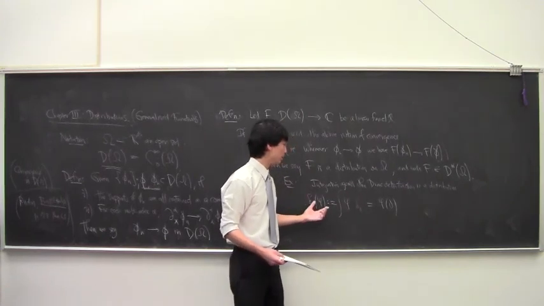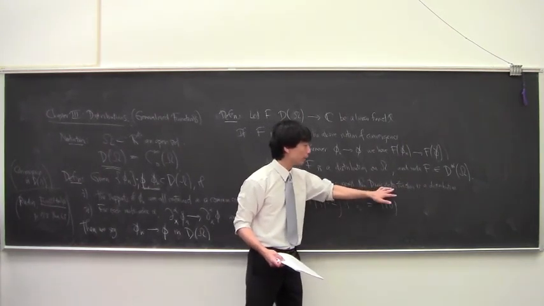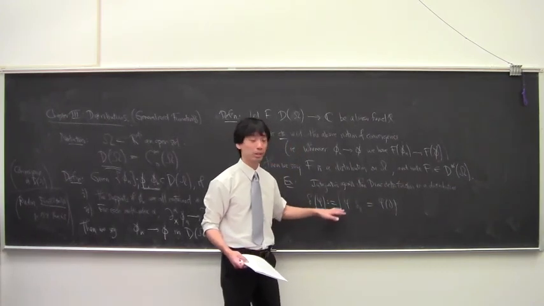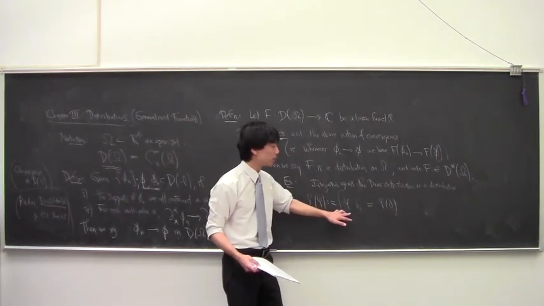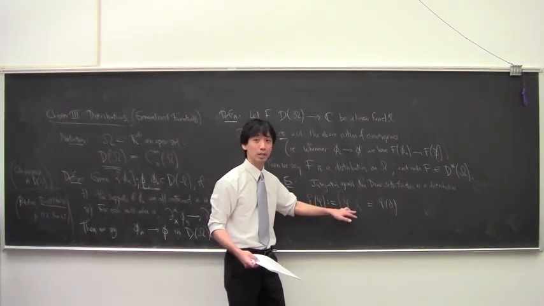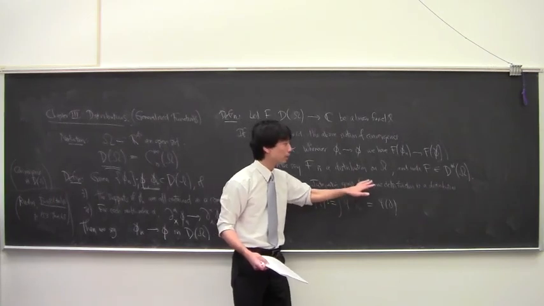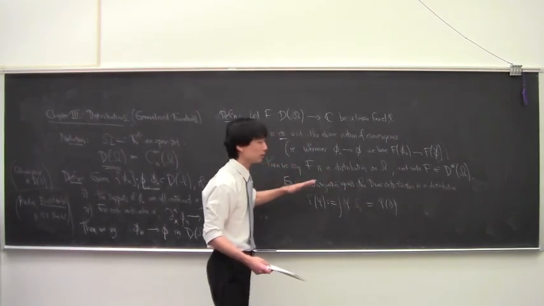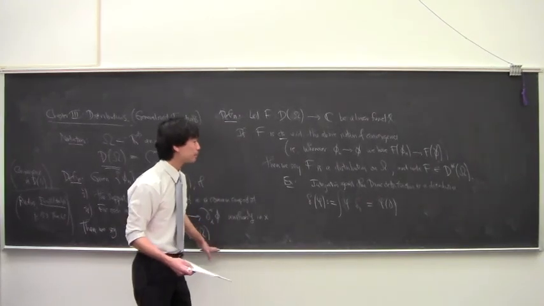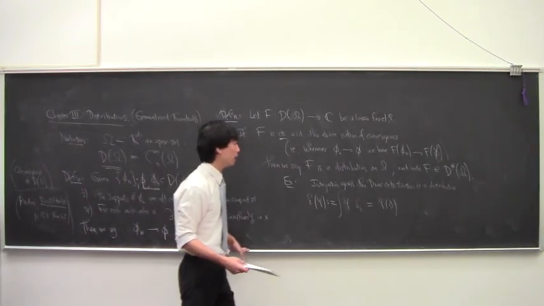So we consider the Dirac delta function to be a distribution. It determines this distribution of integrating against the Dirac delta. You consider those two things to be the same.